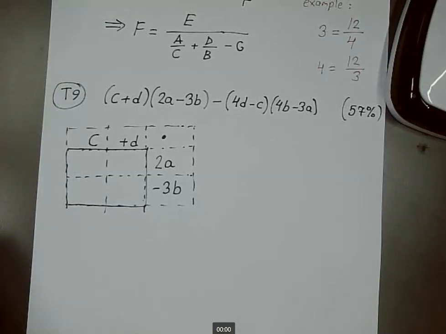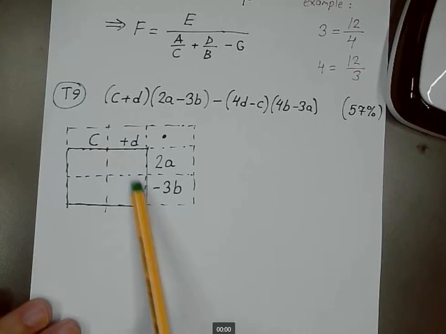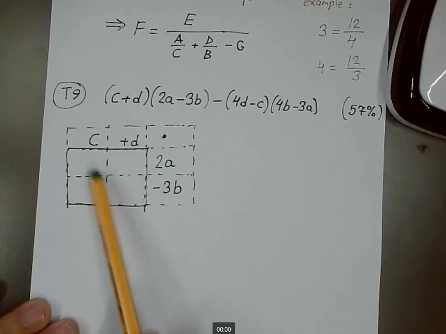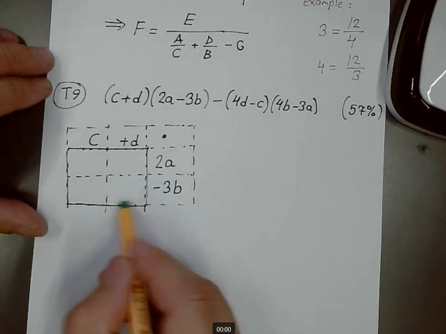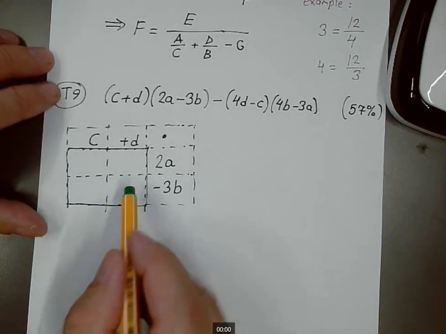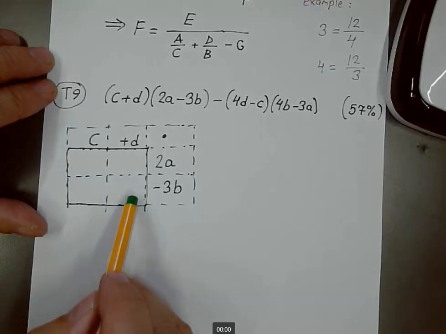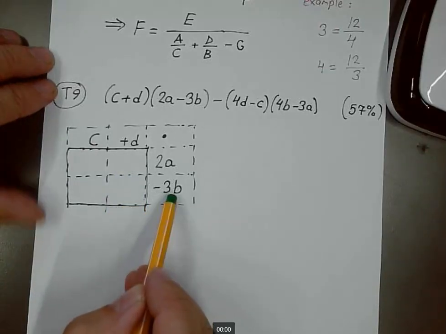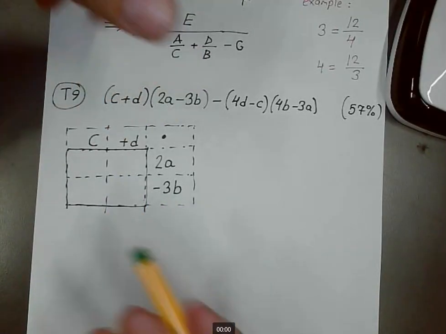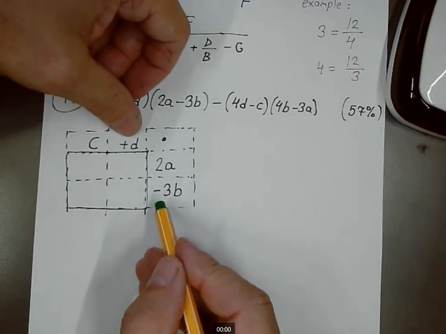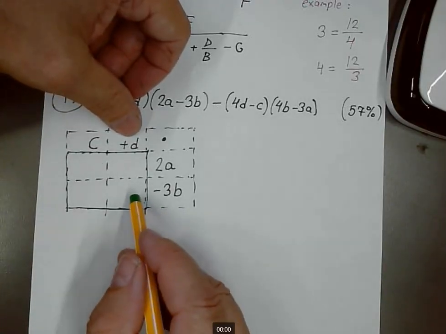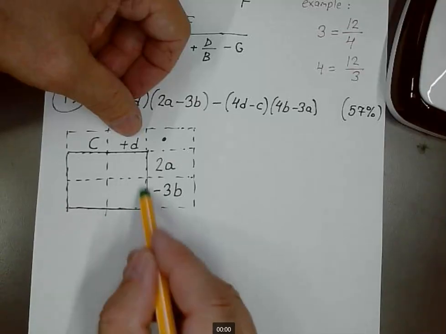And now I don't have to remember in which order to calculate. I can choose whatever I want to start with. For example, I may start with this multiplication. I have here plus d times minus 3b. Is it useful to start with this part?